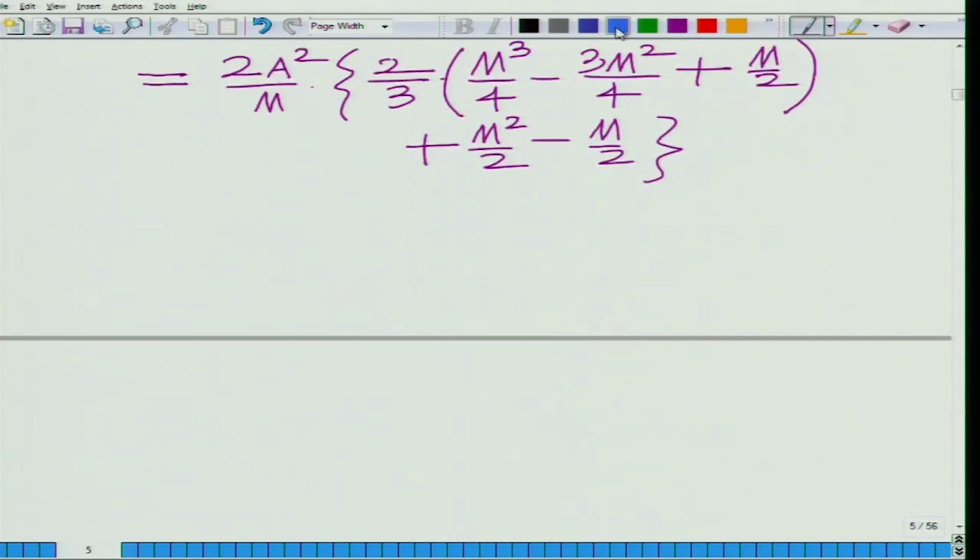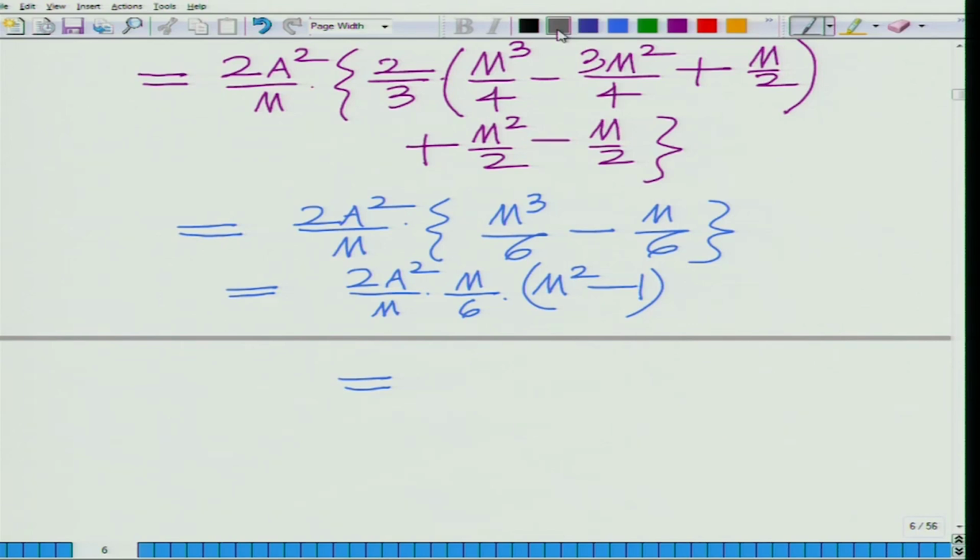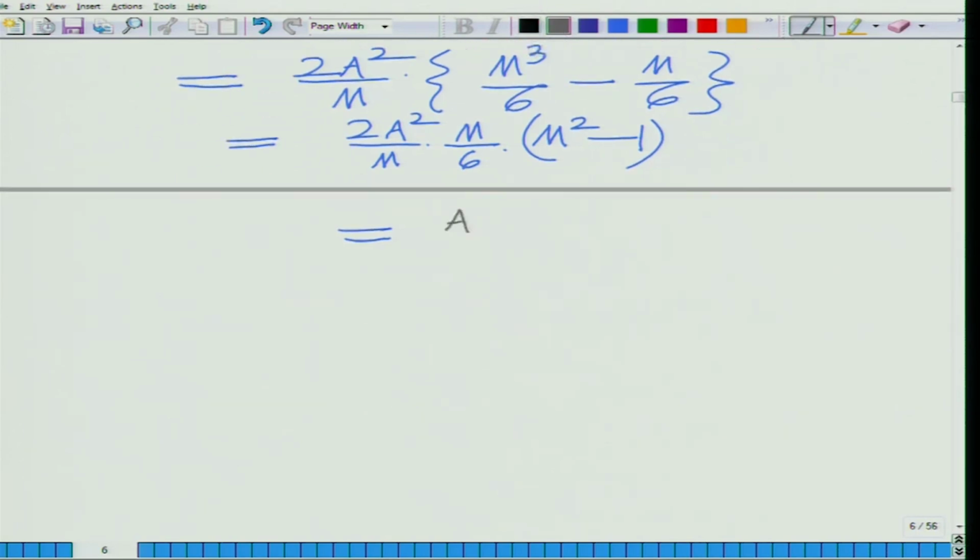And if you now simplify this further, what you will have is 2A square divided by m into m cube by 6 minus m by 6, which is equal to 2A square divided by m into m by 6 into m square minus 1, which is equal to A square divided by 3 times m square minus 1.